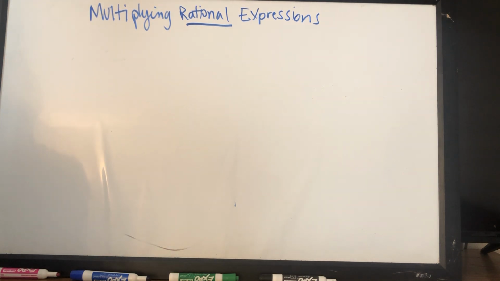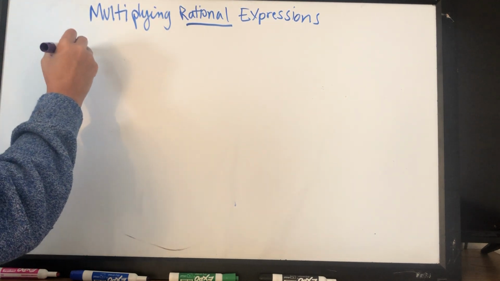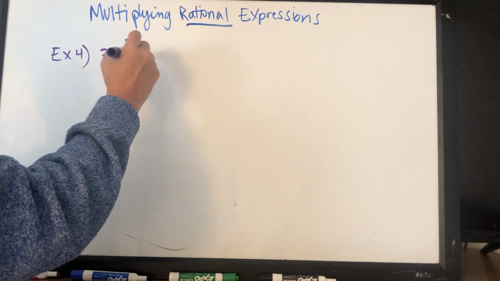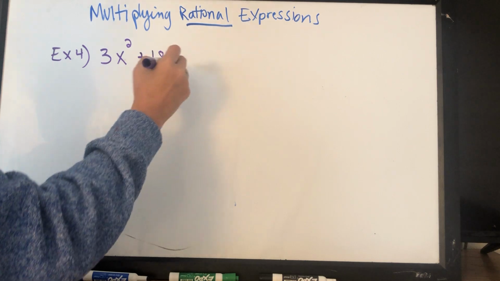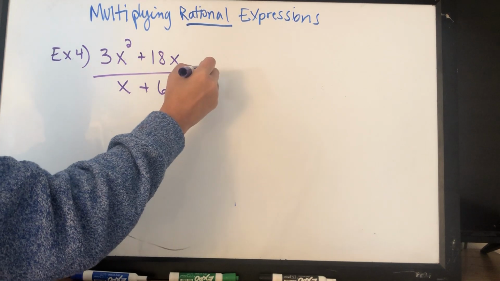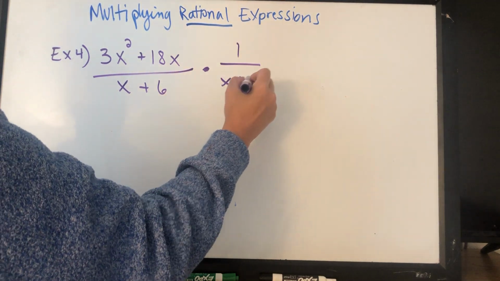I'm going to lose track of what examples I'm on. That is number 4. All right, example 4. I've got 3x squared plus 18x over x plus 6 times 1 over x plus 8.